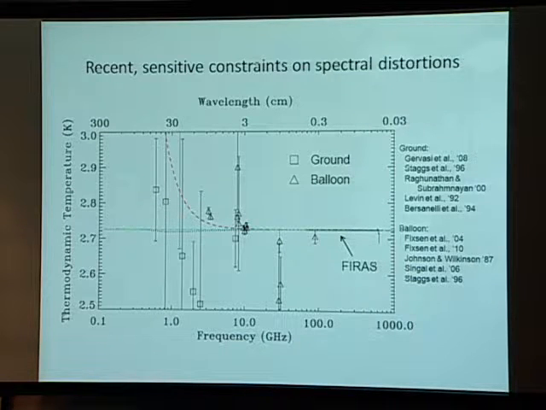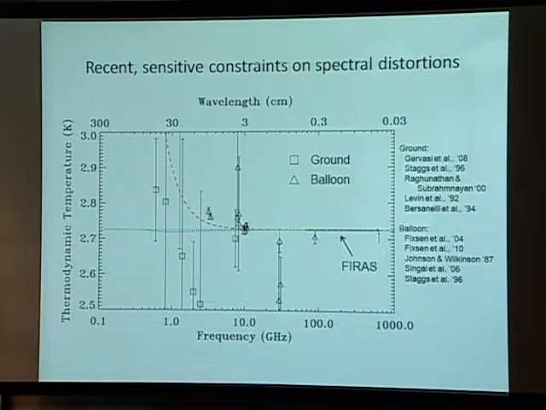FIRAS, which Jens talked about earlier, covers this range here, and the size of the error bars is thinner than the width of that line. So in addition to this great space experiment, we also have constraints from a number of ground and balloon experiments listed here. And generally speaking, the error bars are quite a bit larger. So this is the landscape today.